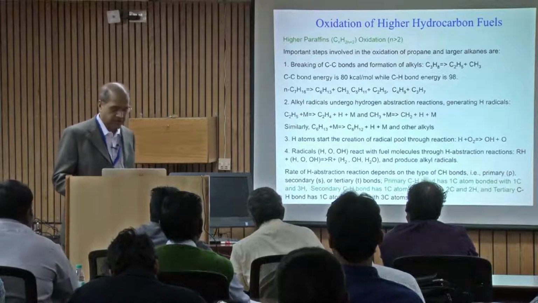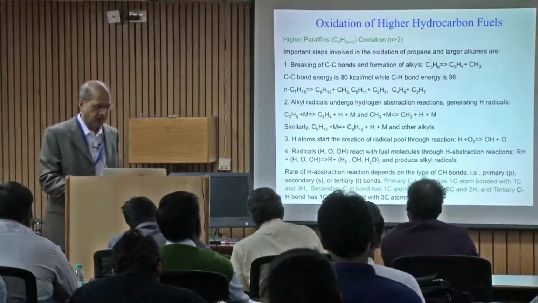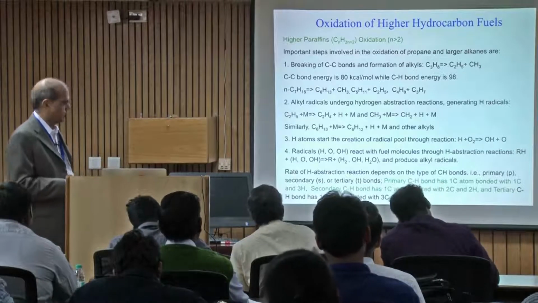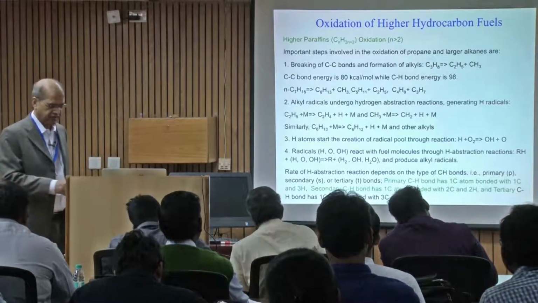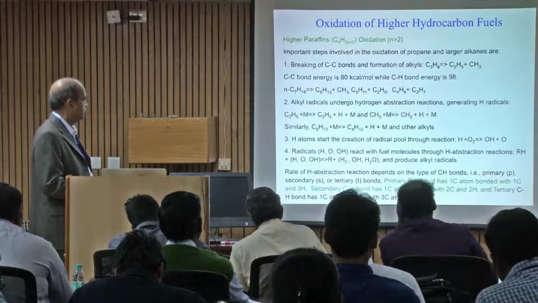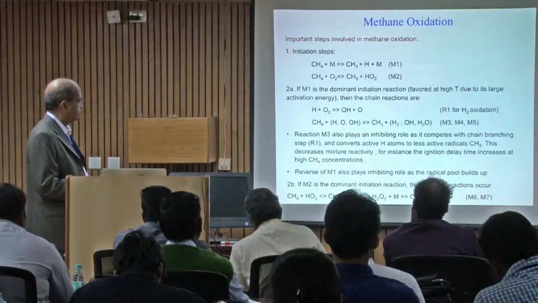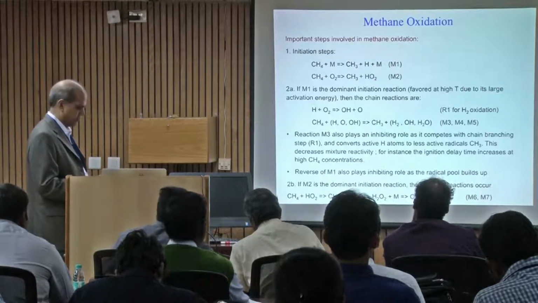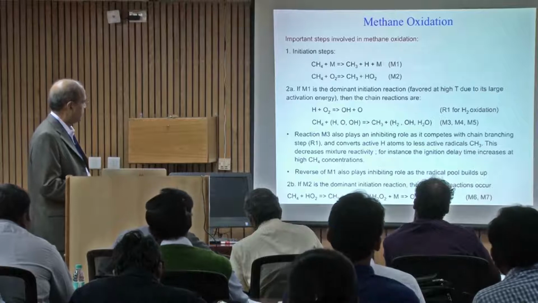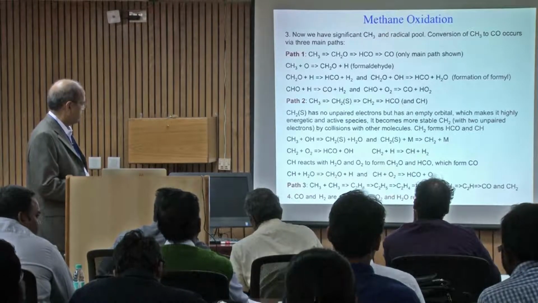Now we'll consider larger hydrocarbons. C2H6 we already discussed indirectly, right? CH4 then C2H6 is part of this methane oxidation, which is path 3.